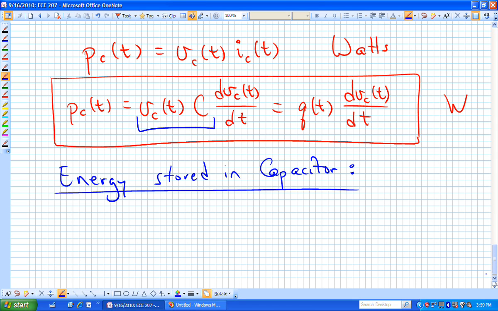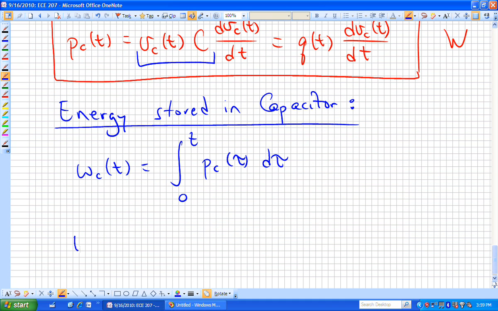Integrate. Energy is the integral of power. If we now say, well, what's the energy of this capacitor? We could say, well, that's the integral from 0 to t of P sub C of tau d tau.